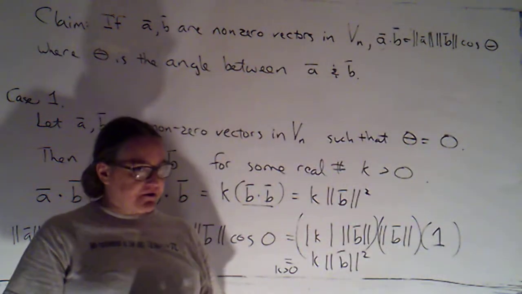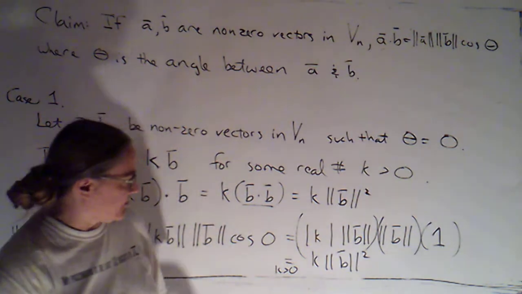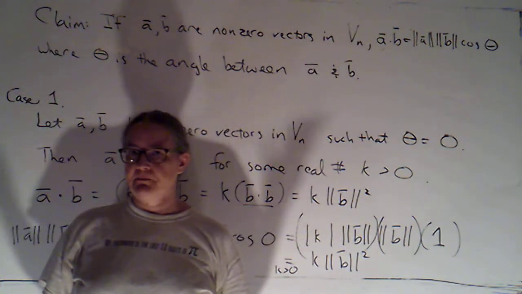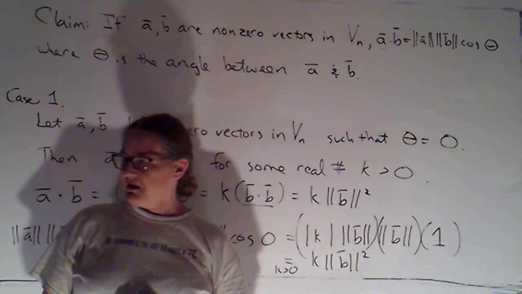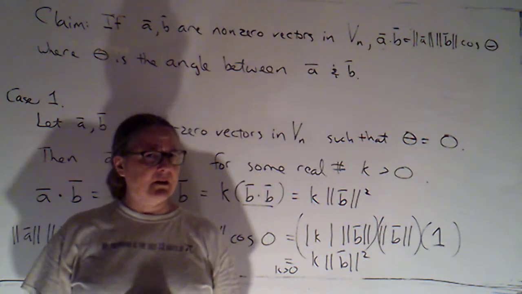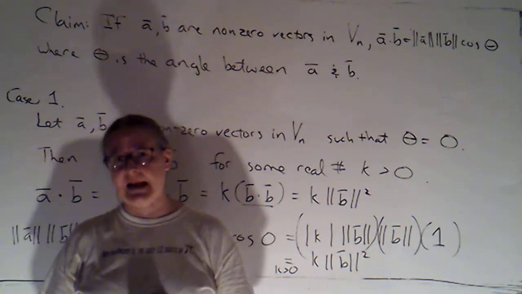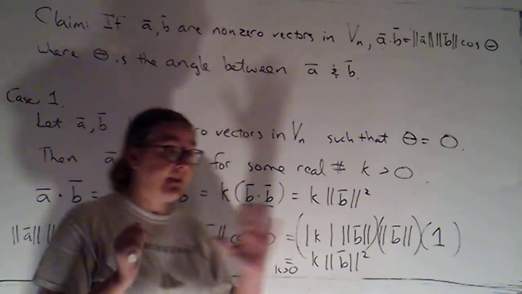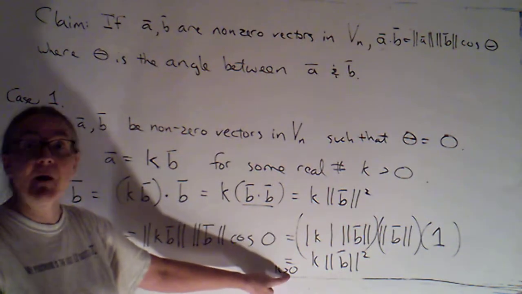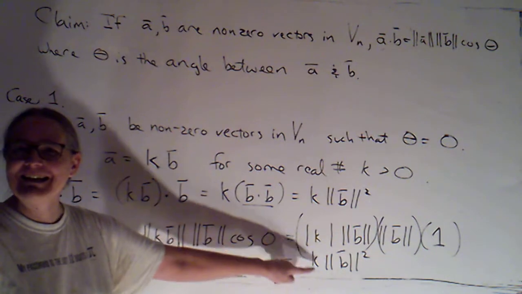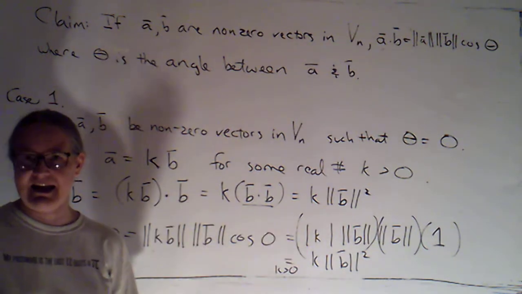I've had lots of students who have been showing some work and they have an absolute value somewhere, and then poof, it's gone. And sometimes it's clear that the reason the absolute value went away is because the student didn't know what to do with it and so just decided to pretend it wasn't there. That's very different from knowing that K is positive, so that we're actually evaluating the absolute value of K and saying that absolute value is equal to K.